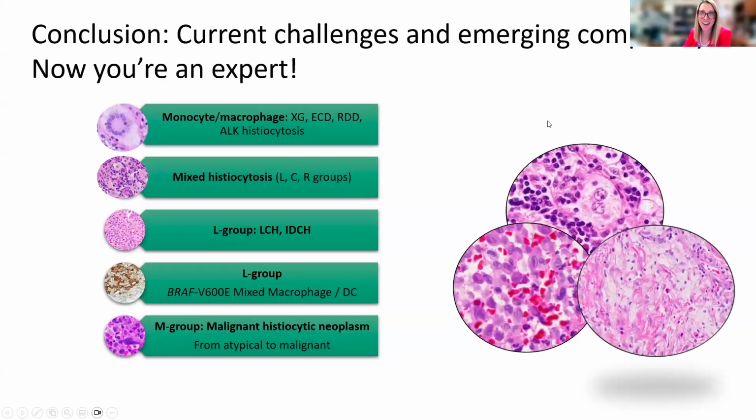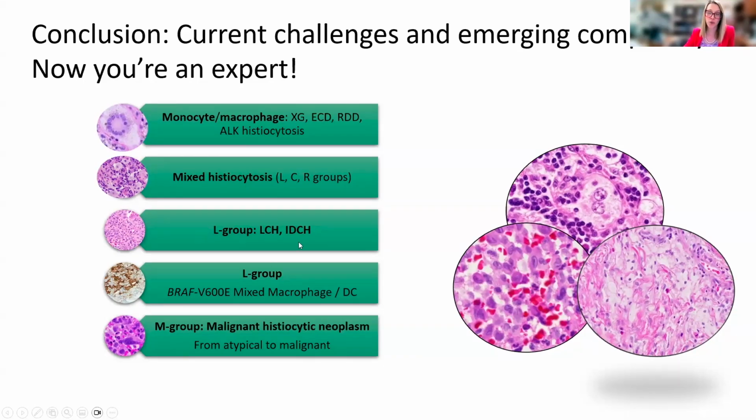So you're an expert now going through this. There's a lot of new exciting areas of research and so many questions that we don't know about these groups, but hopefully you're starting to understand the basic categories.